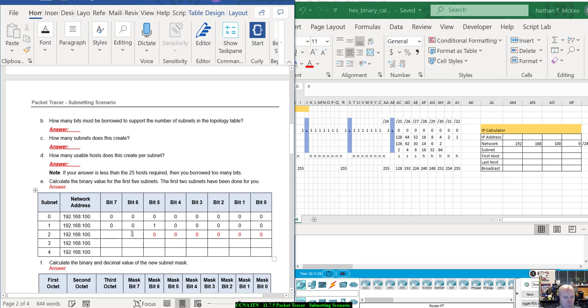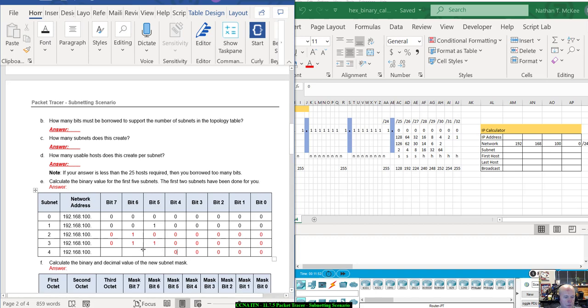So that'll be 0, 1, 0, then 0, 0, 0, 0, 0, then 1, 1, 0, and 0, 0, 0, 0, 0.